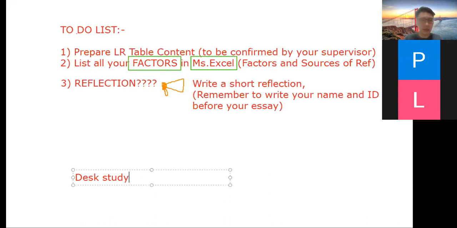So it is a desk study, or some people say you are doing a literature review. Because you are staying at your desk, studying this result compared to that result, it is a desk study, or some people will just call it a literature review.